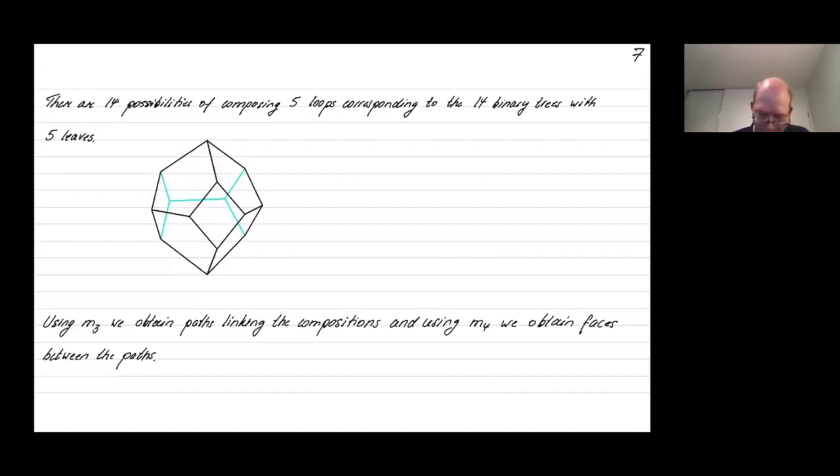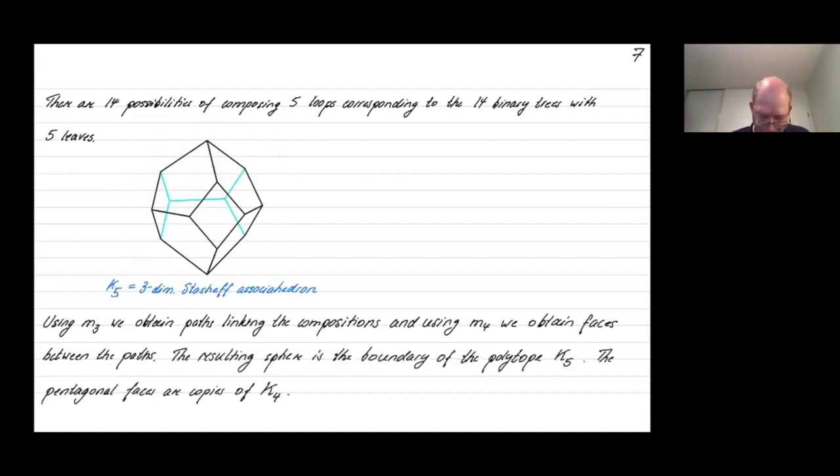And again, because we can continuously move all the cutoff points together, we get a family of compositions parameterized by the solid polytope, by this solid K5, the 3-dimensional Stasheff associahedron.